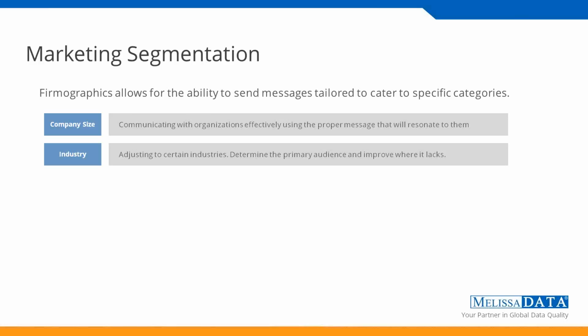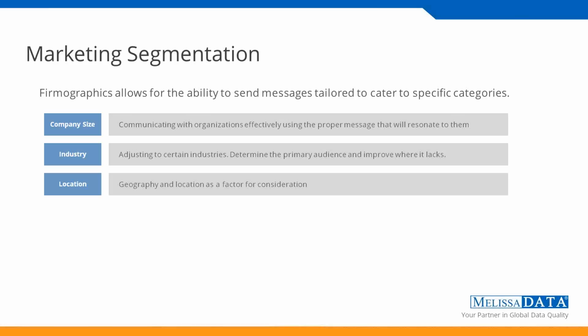Knowing beforehand what kind of industry you're dealing with helps you improve where your marketing lacks. And last but not least, of course, location is the last thing. A lot of people want to tailor their marketing strategies based off of location, or maybe do some prioritization based off of location. Here at Melissa Data, if we're working with clients that are local to us, we try to meet them up and things like that.